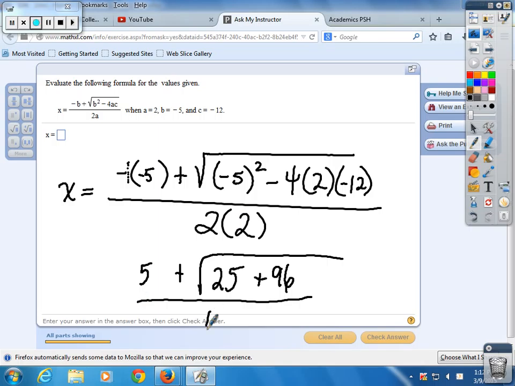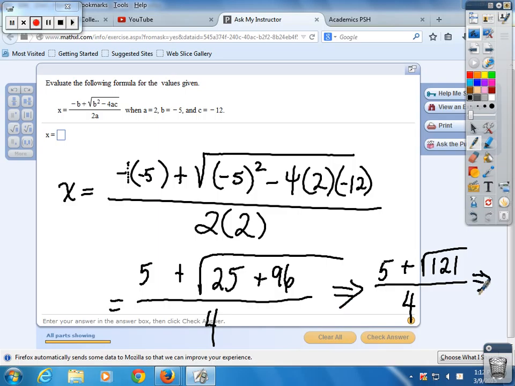I'll do this one for you. 25 plus 96 is 121. So 5 plus the square root of 121 over 4. And everybody should know the square root of 121, it's 11. And 5 plus 11 is 16 over 4 is 4, and we feel good about it.